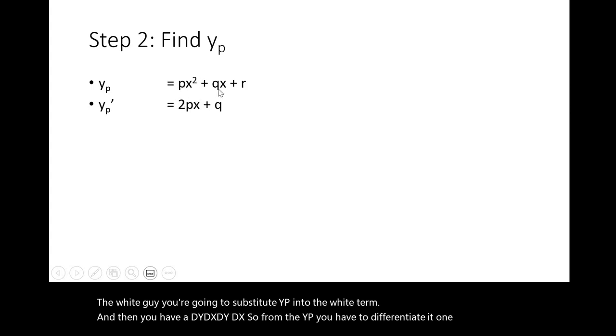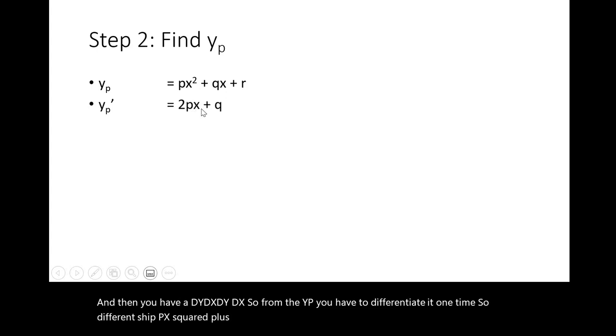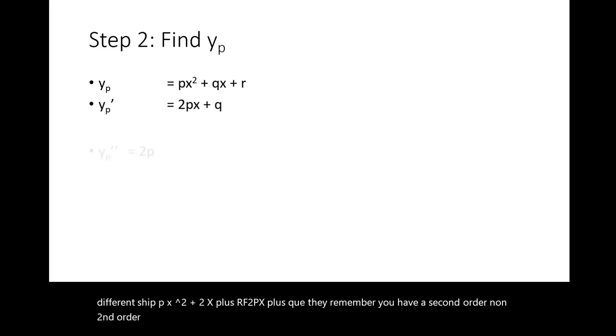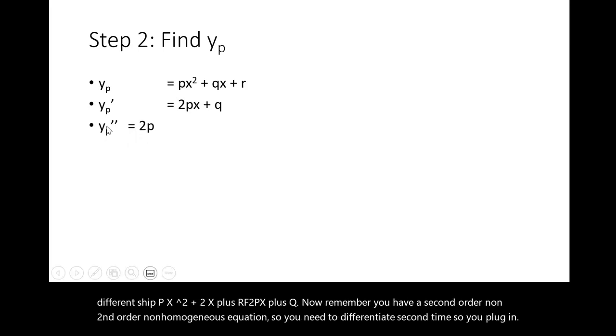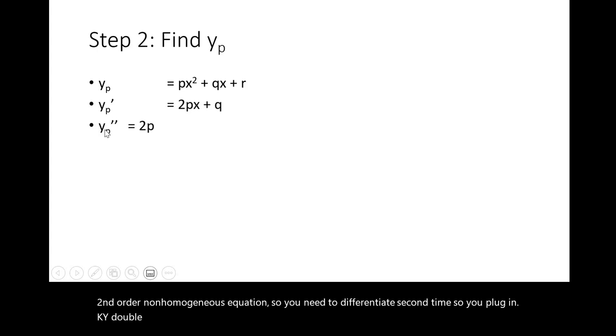So differentiating px squared plus qx plus r, you have 2px plus q. Now remember, you have a second order non-homogeneous equation, so you need to differentiate a second time. So you plug in y double prime p into the second derivative, the first derivative in the first derivative term, and yp into the y.